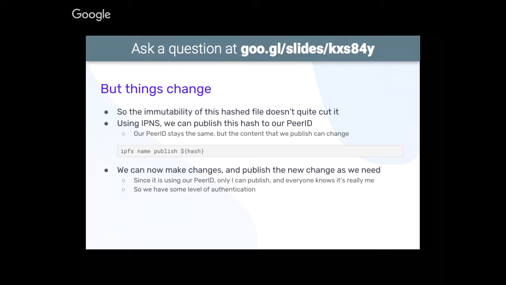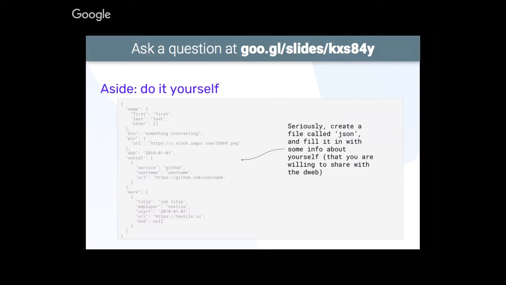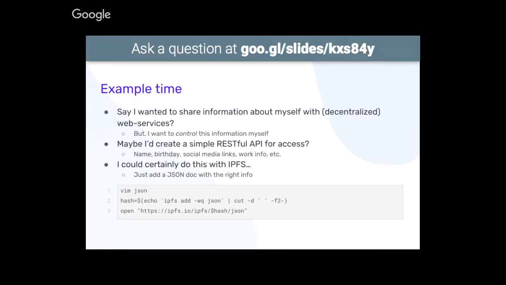Here we go. Actually, I already have it up there. What we can do is use ipfs name publish to publish that new data. In that situation, I've got dollar sign, curly brackets, hash, which is just referring back to the hash that we saved from the previous step.